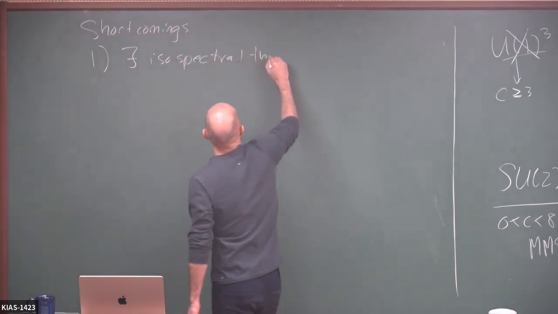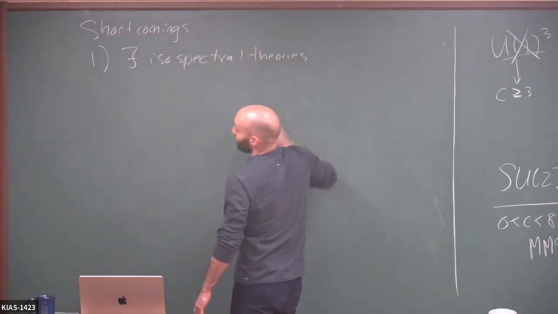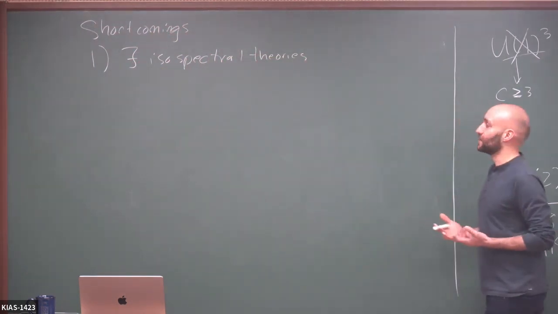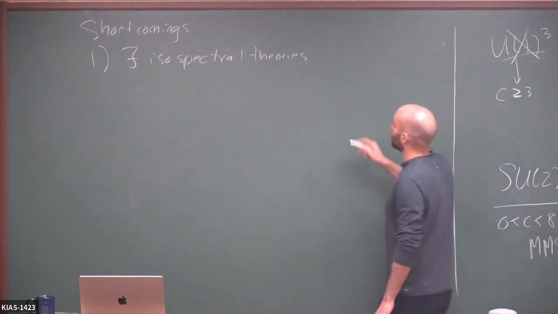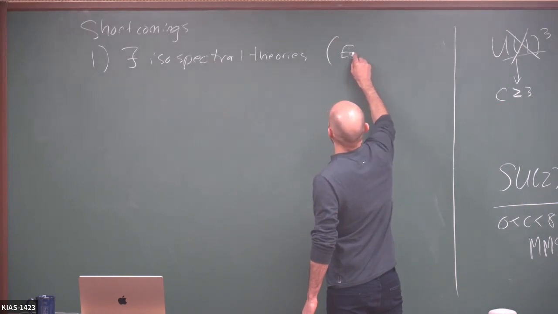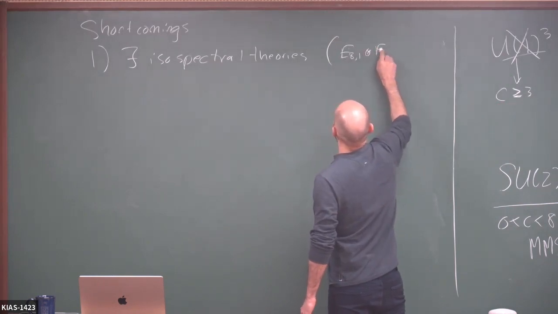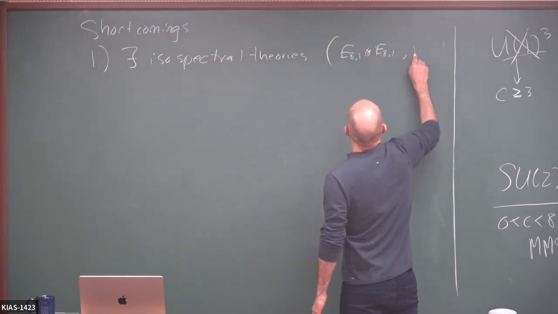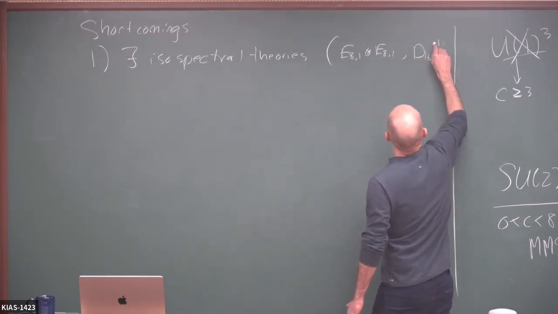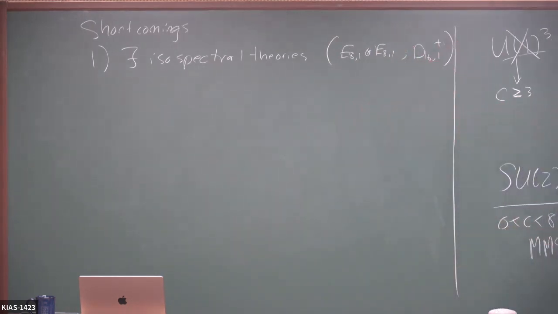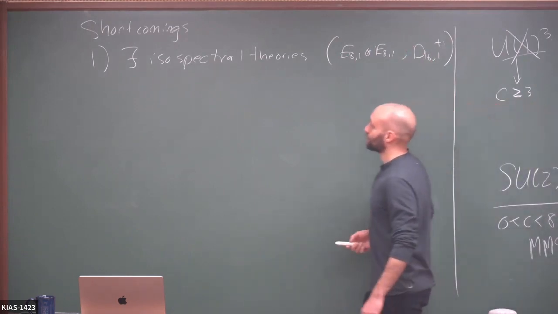So there are pairs of theories which have the same characters. And if you just look at characters, you're sort of blind to that. An example that we already ran into was the two meromorphic theories at central charge 16. These are isospectral.